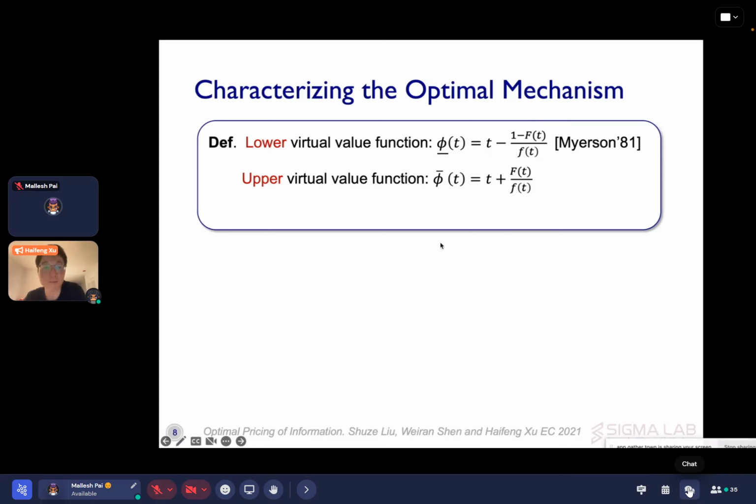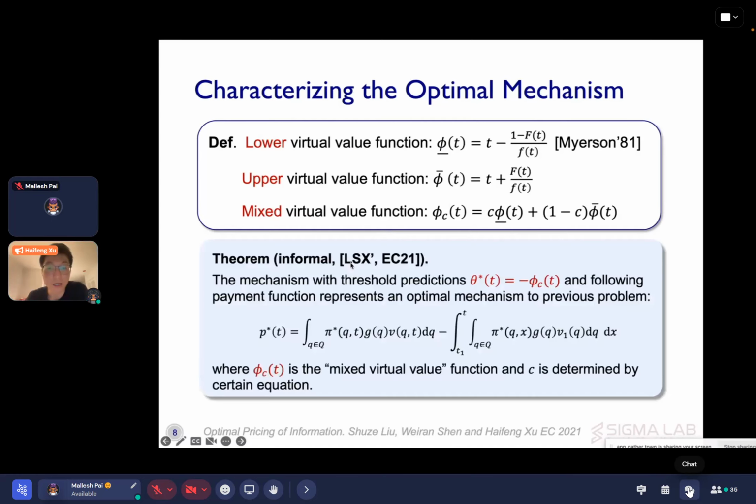And what is more important is that I need something called the mixed virtual value, which is simply a convex combination of the lower and the upper virtual value function with a convex coefficient c here. It turns out that this mixed virtual value function naturally gives rise to the optimal mechanism. I'm not going to show you the exact statement of the result, but intuitively it's something like this.